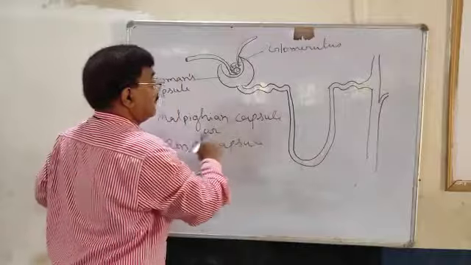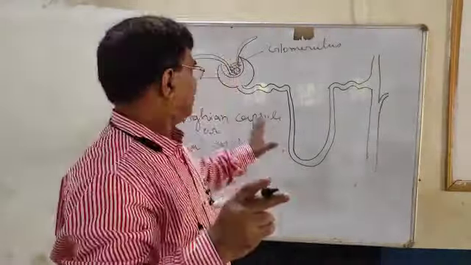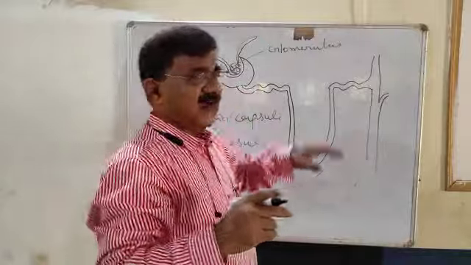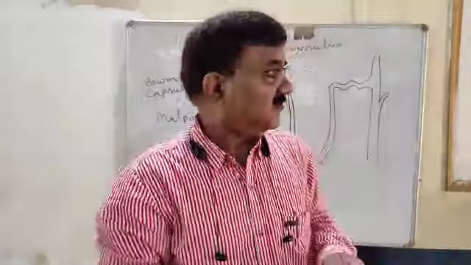You may be asked about this. Spelling is very important. Bowman's capsule and glomerulus together are called the Malpighian capsule.